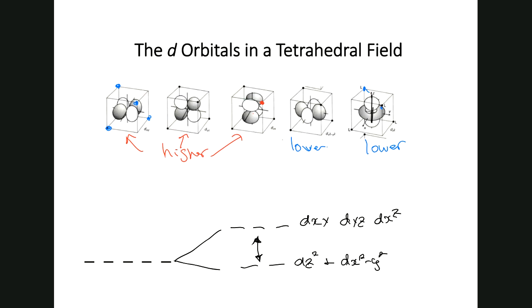Because none of my ligands are in direct contact, the splitting energy here is actually lower. We can call this delta tet for tetrahedral, but it's about half the magnitude of delta O. So it's going to be smaller than delta octahedral.